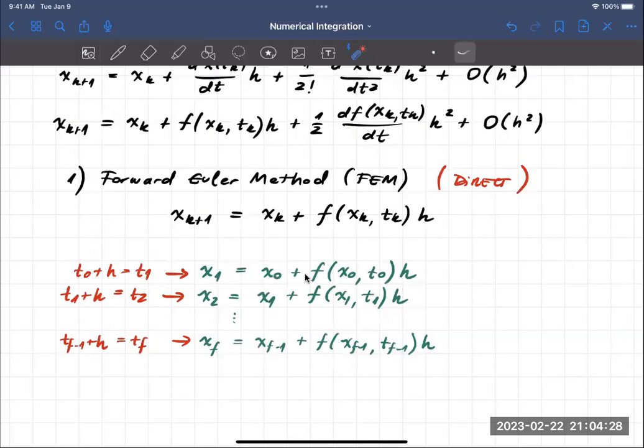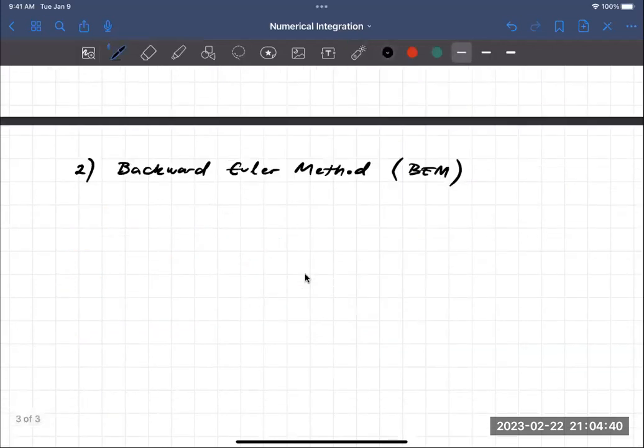However, instead of using the slope at time tk, we're going to use the slope, that function f, at time tk plus 1, the next one. So the difference is just in that term: x of k plus 1 is going to be x of k plus f now evaluated at x k plus 1, t k plus 1, times h. That's the only difference.